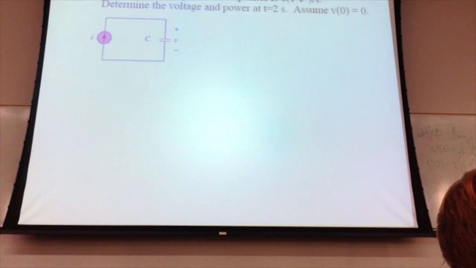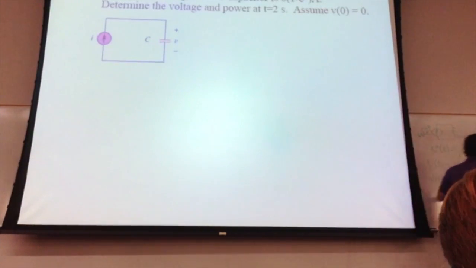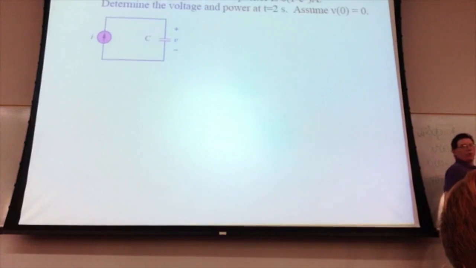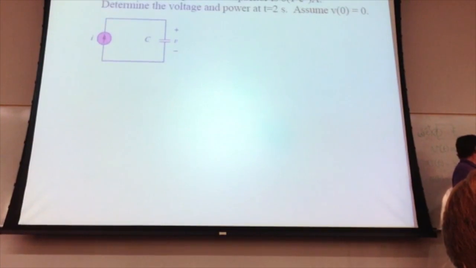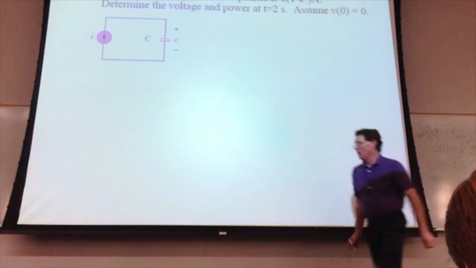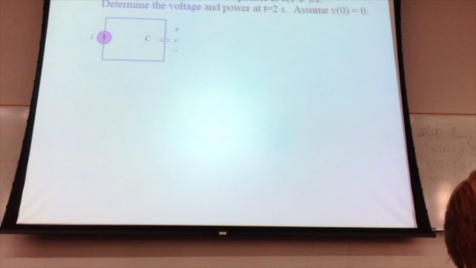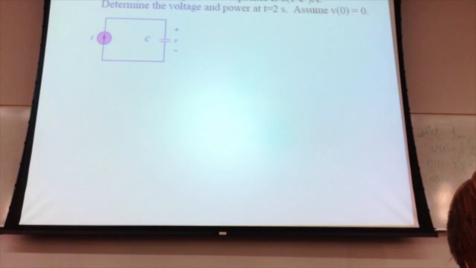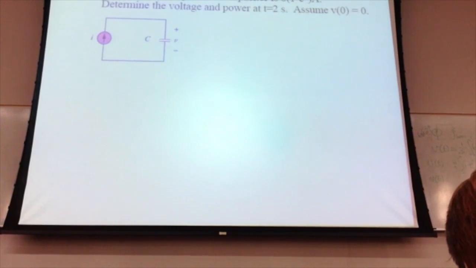So now, v of t. The integral of dt, this is a number 1. Looking at the table, it's k dt, where k equals 1, which equals k times t minus t0.